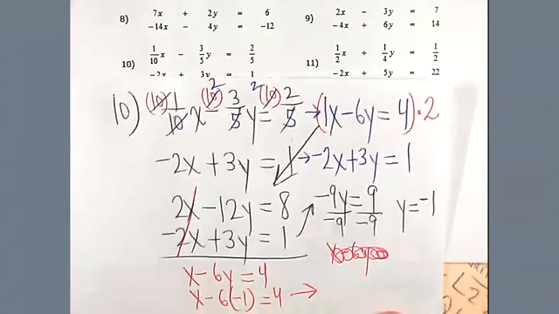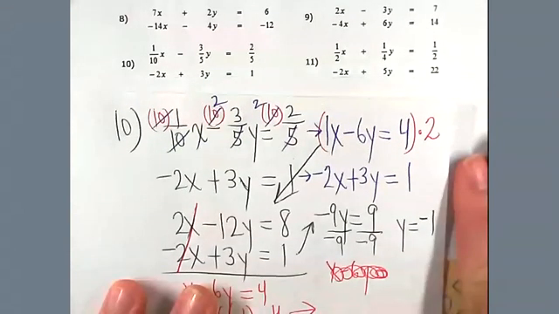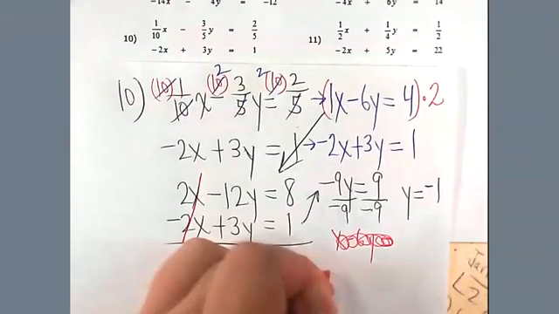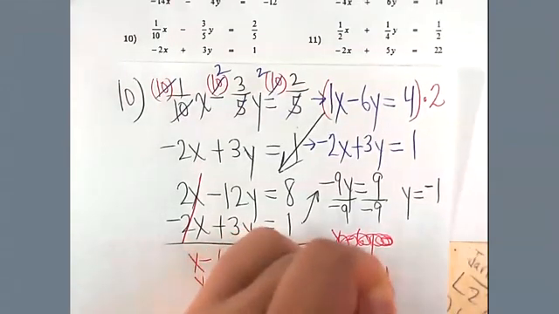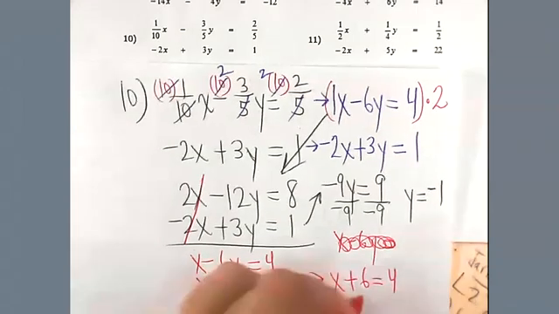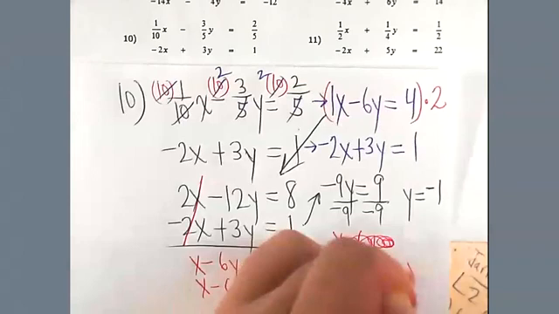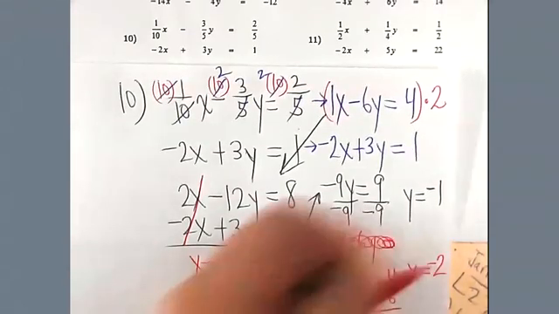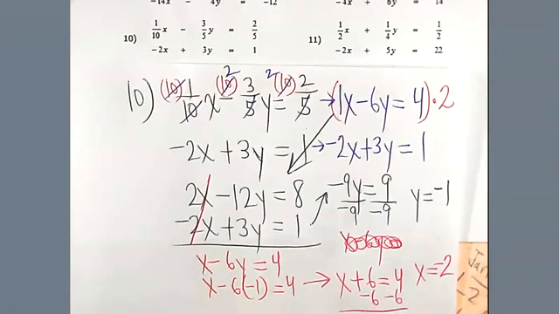So we have x plus 6 now equal to 4. And when we subtract 6 from both sides, we get the x-coordinate, x equal to negative 2.